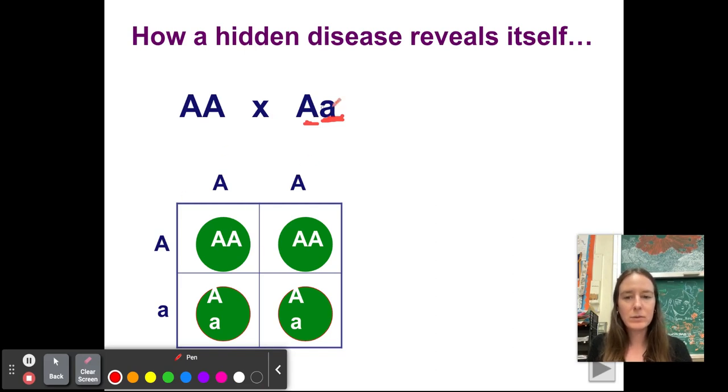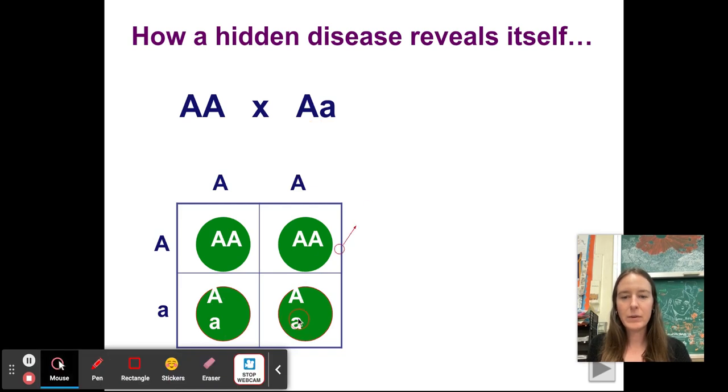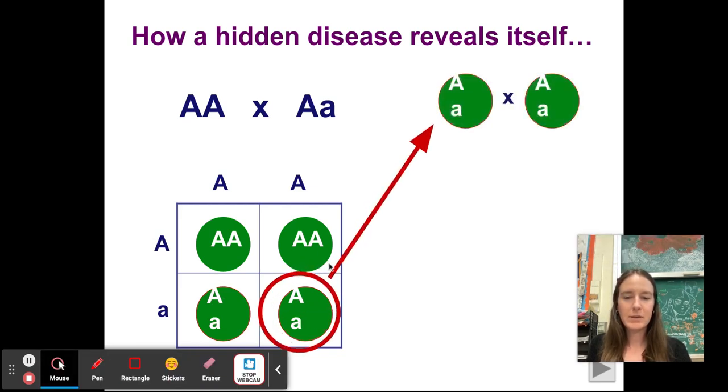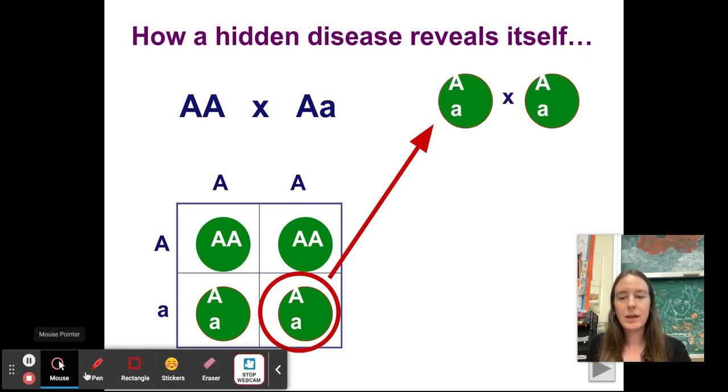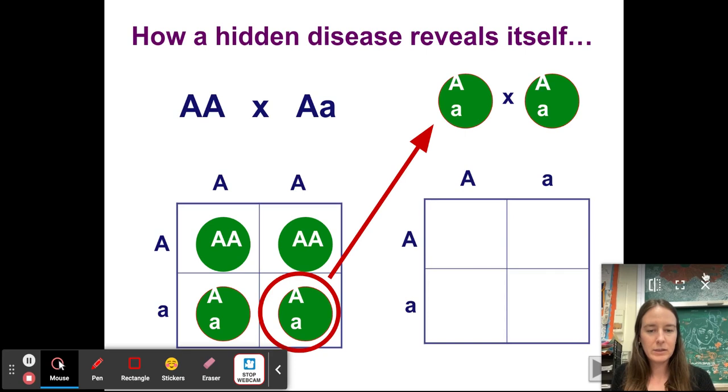So let's see what happens when they make babies. They have some normal functioning babies here, and then here you have a carrier. Now they're carrying the allele like this parent. What would happen if you took this baby and had it mate with another heterozygous? Then you would see the result here.